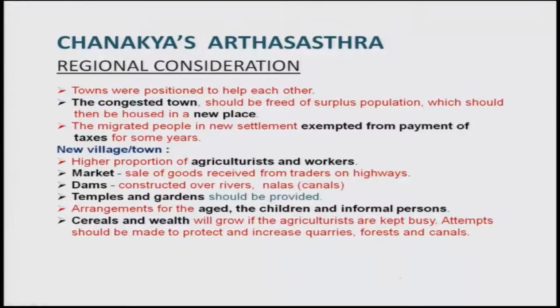So, if you look, we are also facing the same problem today. Most of our cities are overpopulated because of migration of people from villages or rural areas, and for better opportunities and a better life they are coming to the cities, and that is causing crowding. And of course, there might be several ideas in the Arthashastra, or we can generate some, to solve the problem of overpopulation of cities in present days.